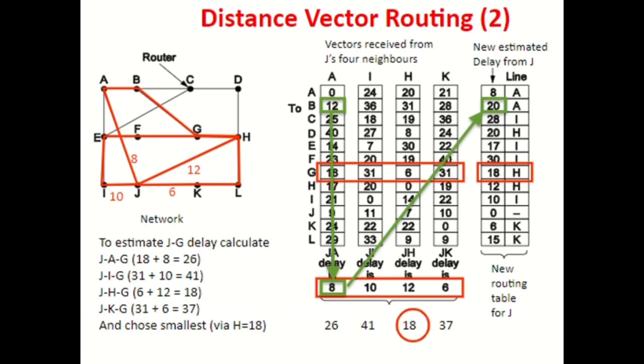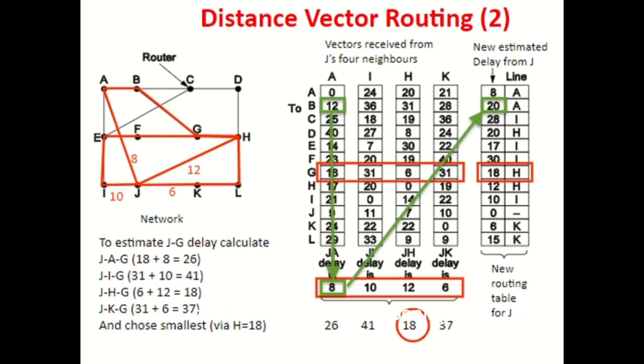A is 12, I is 36, H is 31, and K is 28. Then we look at how long it takes to get from node J to those nodes: 8, 10, 12, and 6. We add together those two values for each, and then compare them against each other.